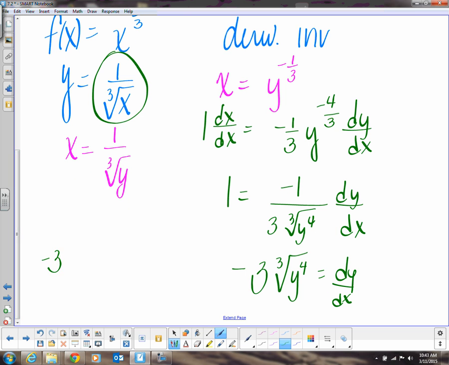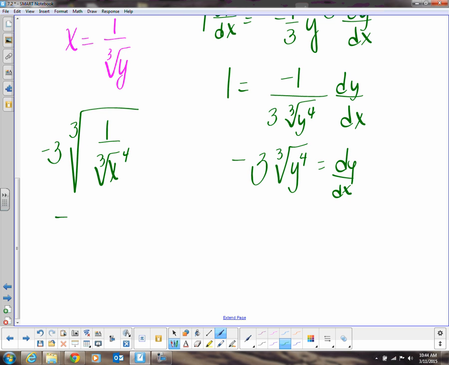So we got negative 3 times the cube root of 1 over, I don't think that's helping at all. Okay. So this is negative 3. Do you agree that this is x to the negative 4/3? Yes? And then that's times 1/3?